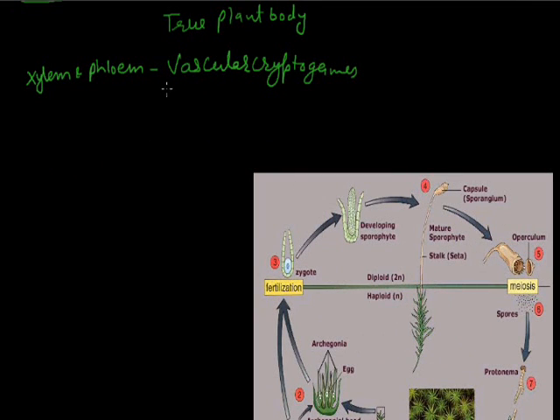Vascular cryptogams means they have xylem and phloem, where xylem is responsible for the transportation of water and minerals, and phloem is responsible for the transportation of food material in the plant body. They are also tracheophytes because they have tracheids in their structure.